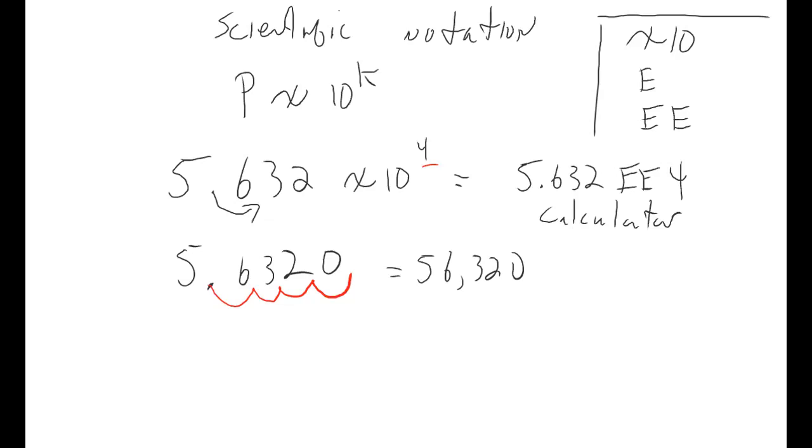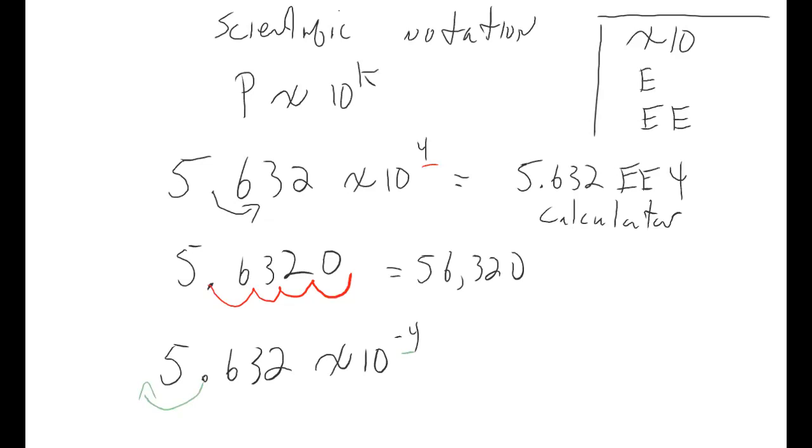Now, if I have 5.632 times 10 to the negative 4, the negative tells me that's a small number. So now, 5 is to the right of 0, so I need to go to the left, closer to 0. Therefore, I'm going to move it to the left.